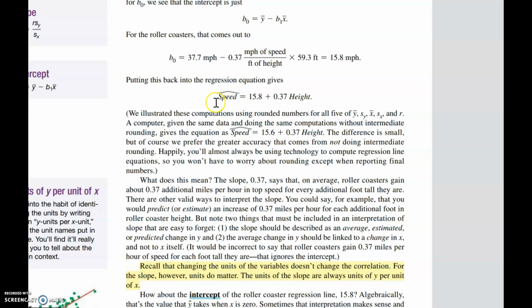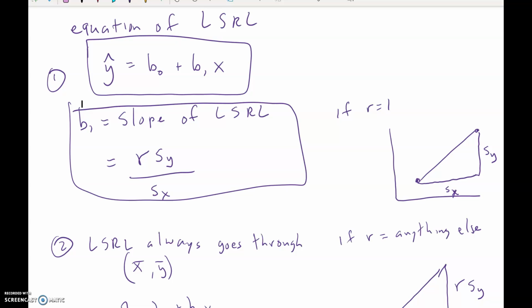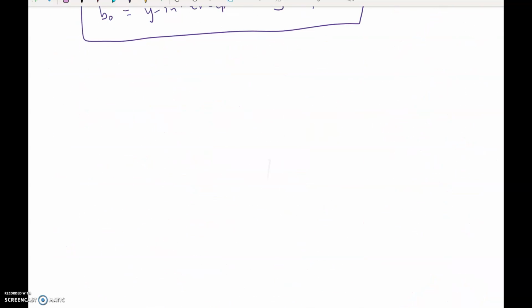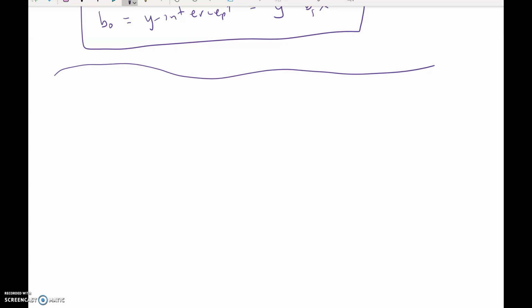And so, for example, let's say you have a roller coaster and the height is 400 feet. So then you plug that number into the formula and you can predict what the speed is. And that's the ultimate purpose of these regression lines, is to try to make predictions.